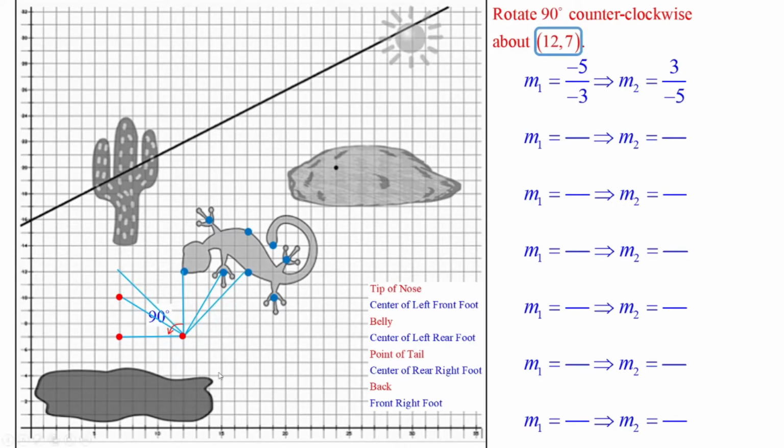And again, I would probably crunch these numbers first, but picture the slope going from this point to my point of rotation. I'm dropping 1, 2, 3, 4, 5. That's a rise of -5. And I'm running -1, -2, -3, -4, -5. -5 over -5 is a positive 5 over 5. So I'm going to do the reciprocal of that.